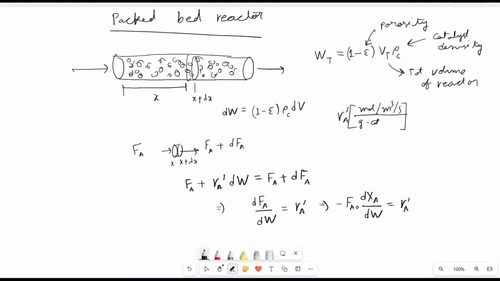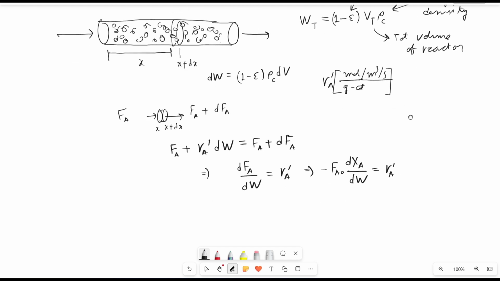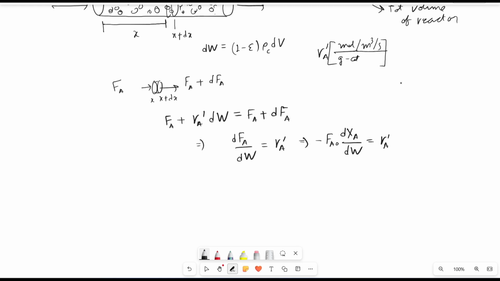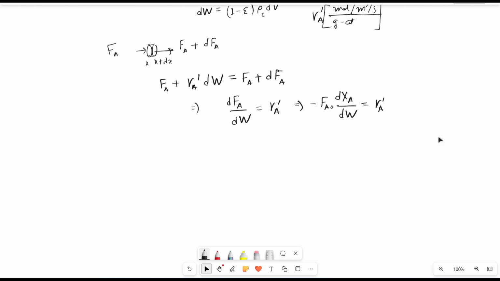This is for a single reaction. Now Ra will be a function of conversion and temperature.